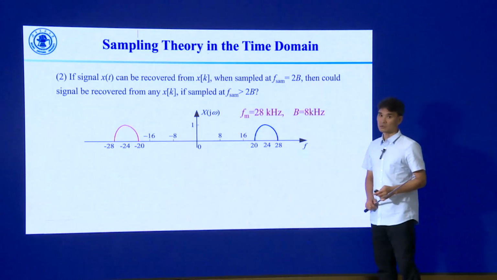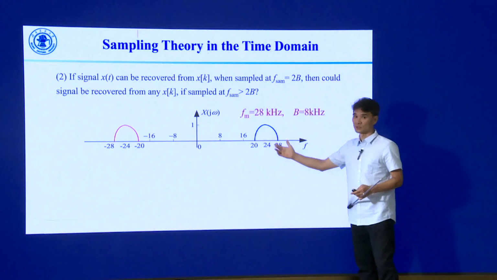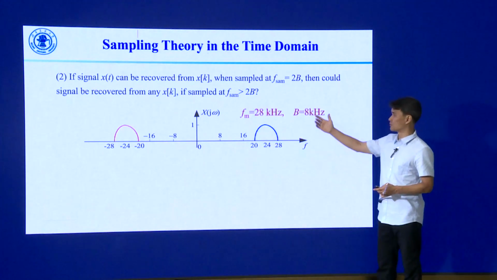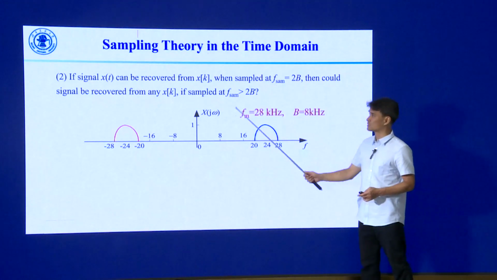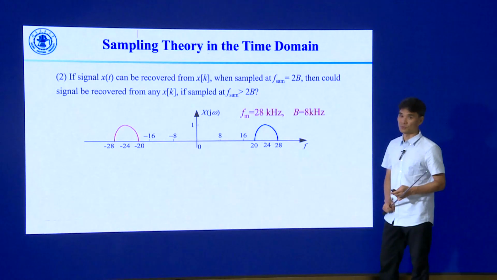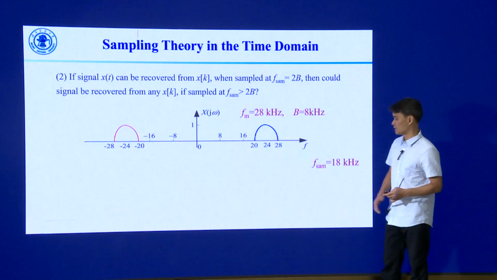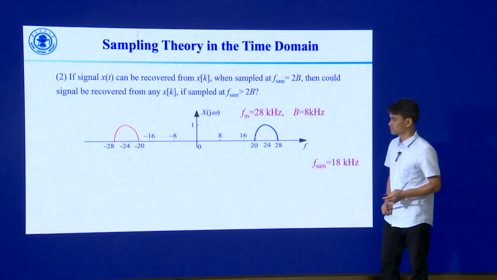For the second question, if we can recover the signal using a sampling frequency equal to twice the bandwidth, what if we use an even greater sampling frequency to do the sampling? Now let's set it equal to 18 kilohertz.